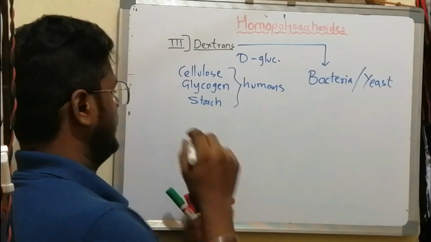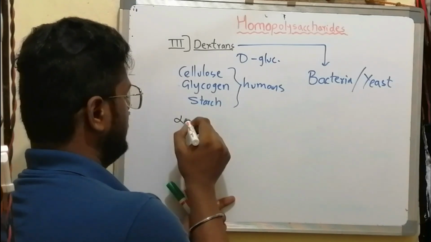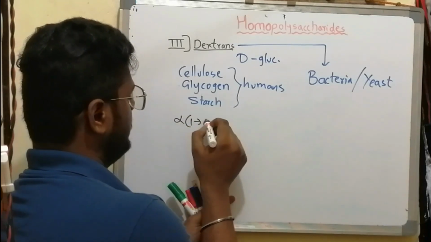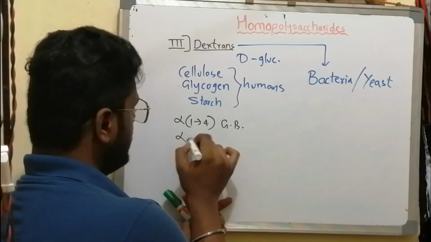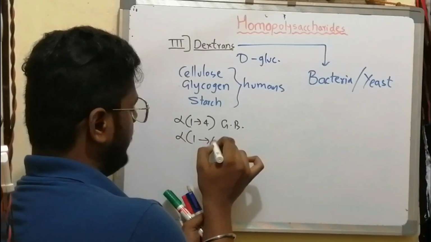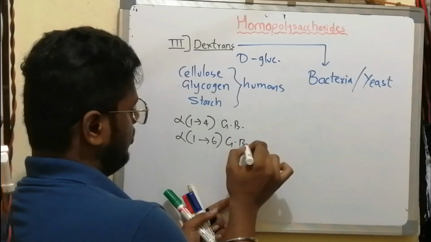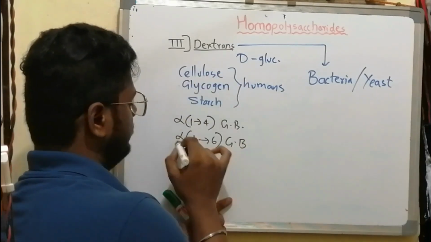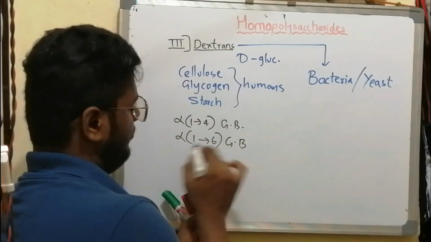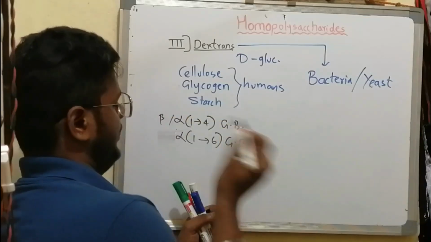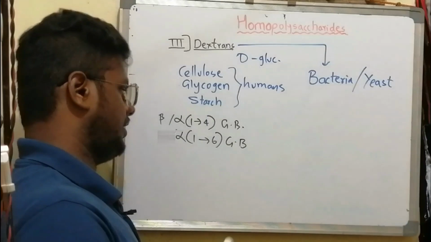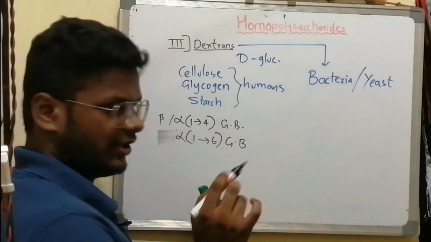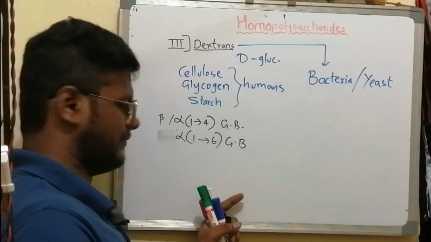Plus, one more difference is that in those, the main chain is of alpha 1,4 glycosidic bonds, and the branching is of alpha 1,6 glycosidic bonds. In cellulose we have beta, but the numbers are the same, because cellulose has beta bonds, but the numbers remain 1,4 and 1,6.